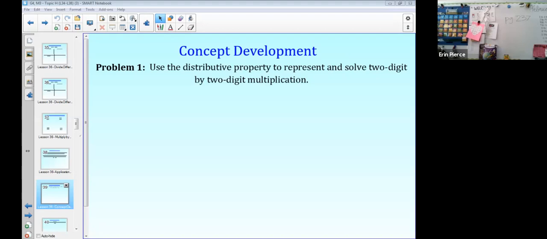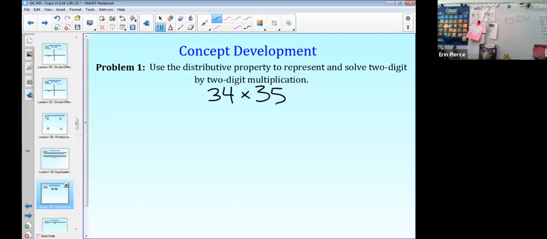So if we change, let's say, Mr. Goggins, instead of 30 rows with 35, let's say he has 34 rows with 35 chairs in each. That changes the problem just a little bit, right? So let's write on your board as well. We are going to have our problem 34 times 35.